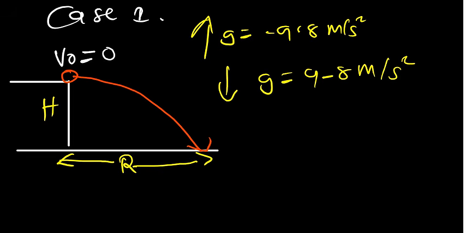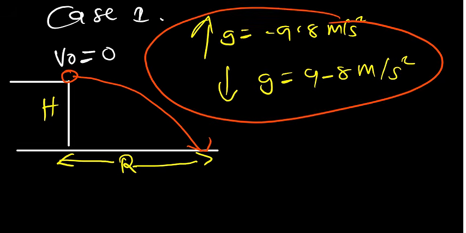But it is not always that you are going to have negative 9.8 as it is going up and positive 9.8 as it is coming down. There are some situations where, when an object is coming down, you are going to use g as negative, and I'm going to explain. Okay?